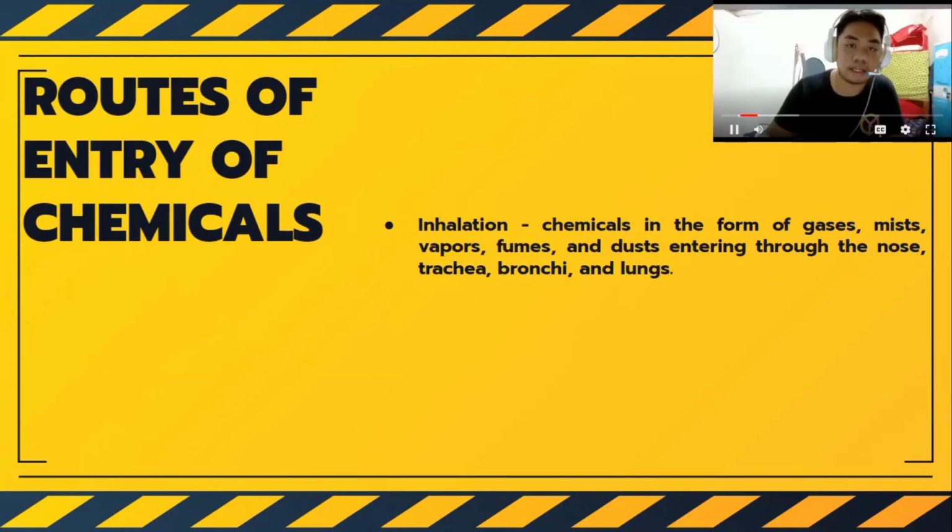So for the inhalation, chemicals in the form of gases, mists, vapors, fumes, and dusts enter through the nose, trachea, bronchi, and lungs. These particles from chemicals in the form of gases, vapors, and mists can damage the lung surface. That's why a mask is a very important equipment inside a facility.